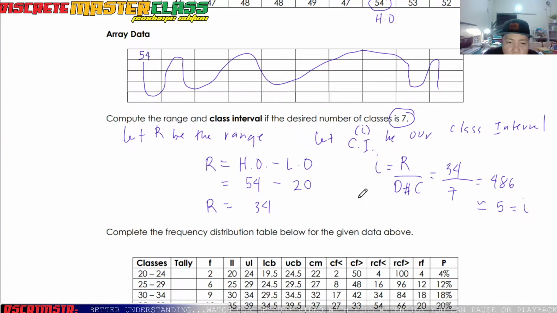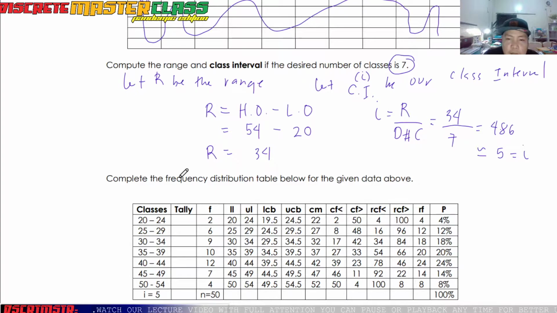Ngayon, dahil di ba in-arrange mo to, in-arrange mo yan from highest to lowest or lowest to highest, mamaya na yun. Ito muna, yung classes muna. So, magsimula ka sa lowest observation. Sa lowest observation, kasama yung 20, magbilang ka ng interval. So, 20, kasama yung 20, 20, 21, 22, 23, 24, that is 5. So, yun.